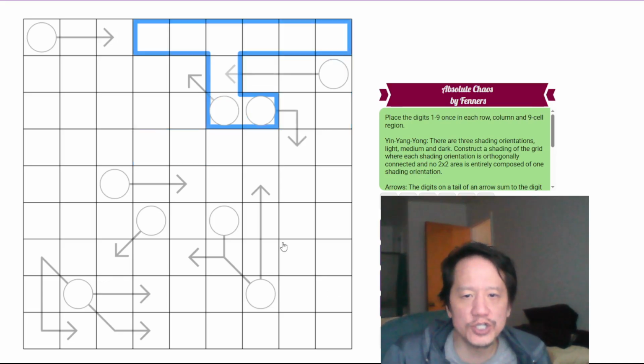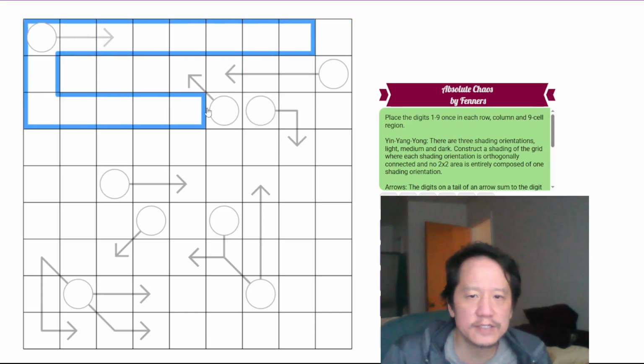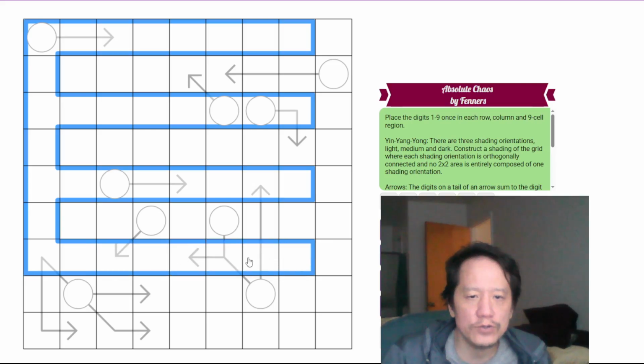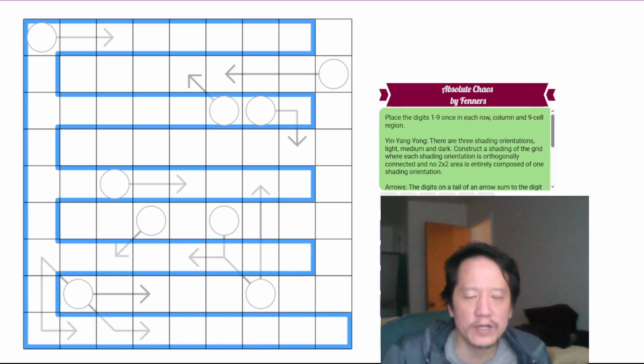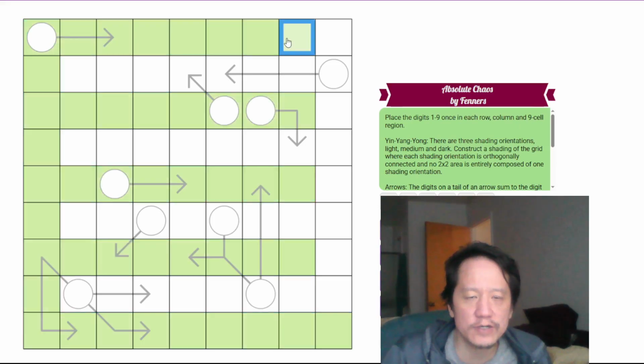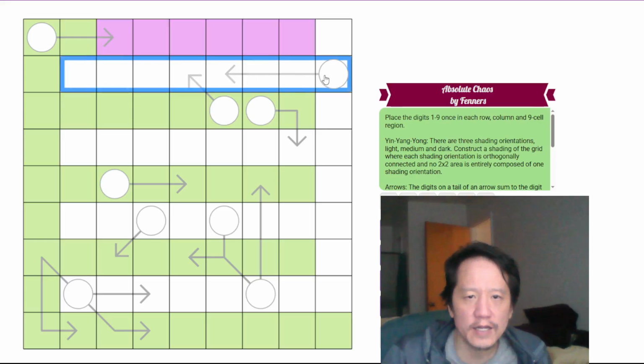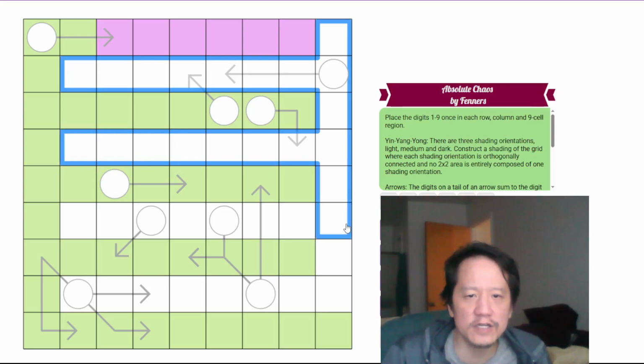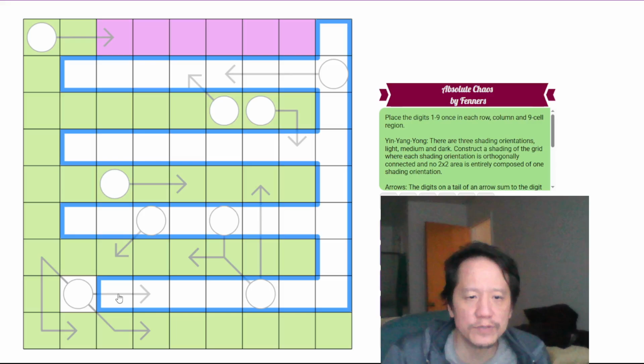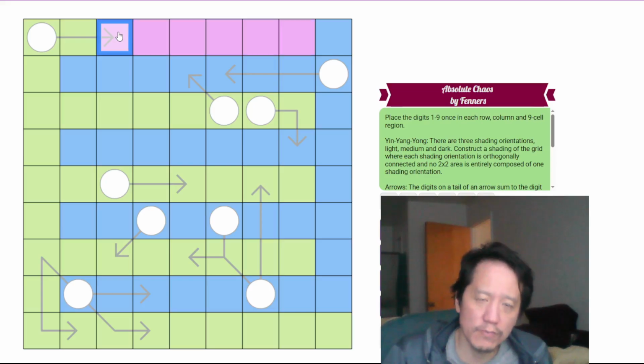We construct a shading of the grid where each shading orientation is orthogonally connected and no 2x2 area is entirely composed of one shading orientation. So you could have, as an example, something like this. Well, let's remove this part and this would be a valid yin yang yang shading orientation, because this is all orthogonally connected.